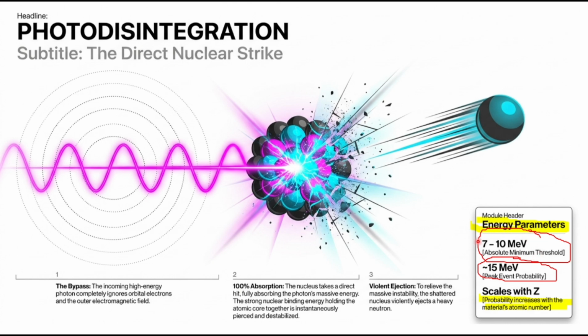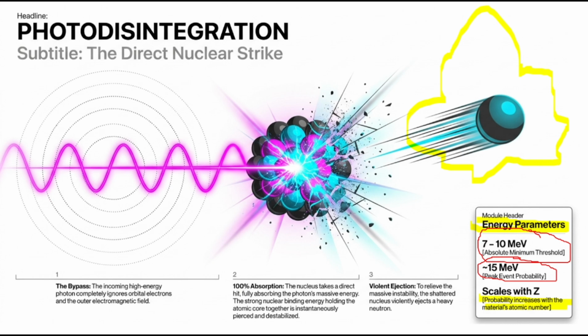These extreme photons strike the heavy metal components inside the linear accelerator head. When they strike these heavy metal components, they trigger this exact nuclear reaction. This ejects a deadly stream of fast flying neutrons into your treatment room. This creates severe neutron contamination. We call it neutron contamination.